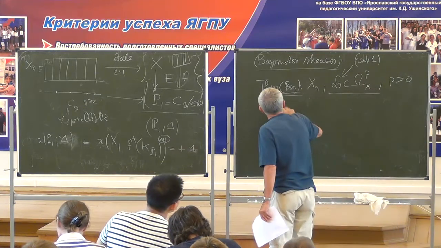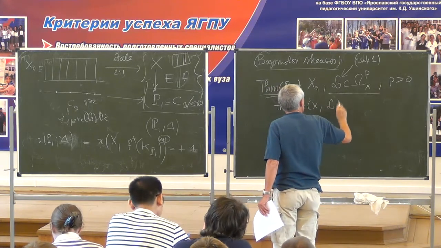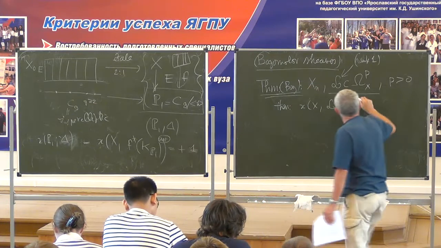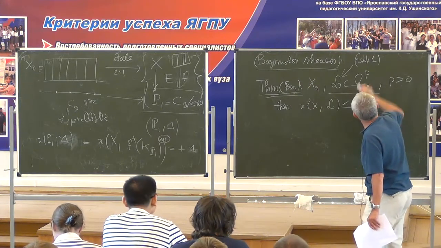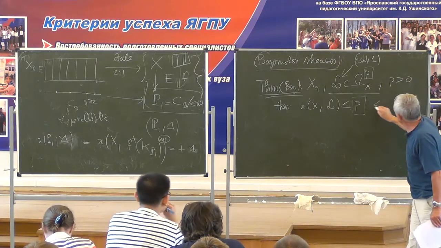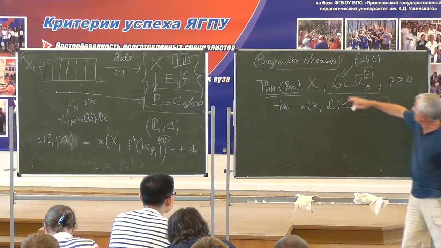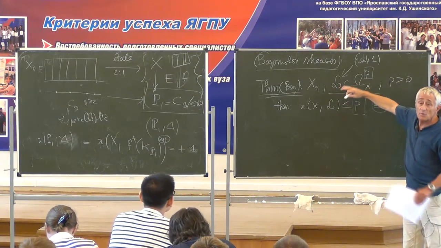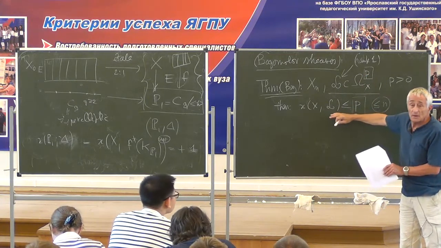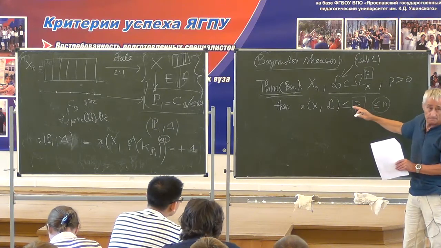Then we have the following inequality: kappa of X, L here is less than or equal to p. And let me insist that the p is the same p as here. And so this is less than n. So, in other words, when you take a subsheaf in some Ω^p, the Kodaira dimension of this line bundle can't exceed p.